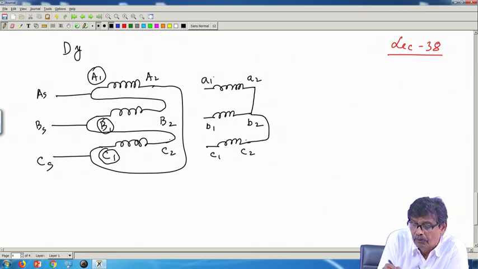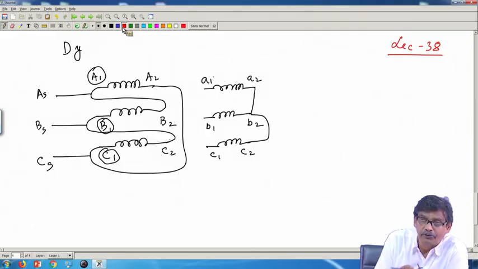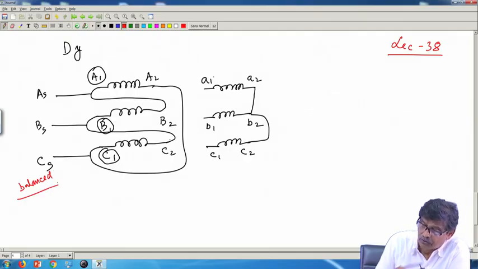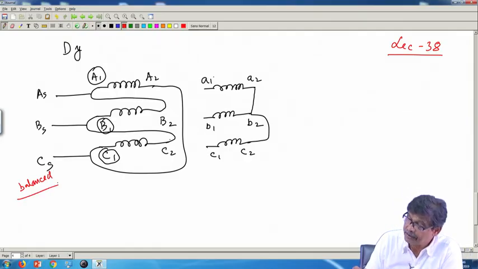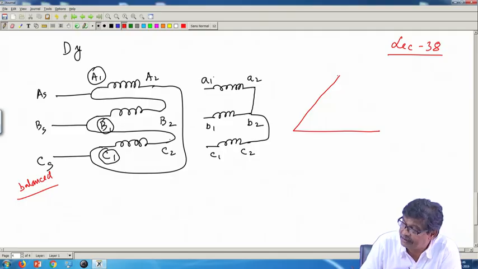Okay. Now, what I will be doing, I have to draw the primary voltage phasors, the voltages coming across each winding. As I told you, to begin with, you better draw the supply voltage, balanced, with phase sequence A, B, C. So, you draw this vector diagram, as this primary side is delta connected.